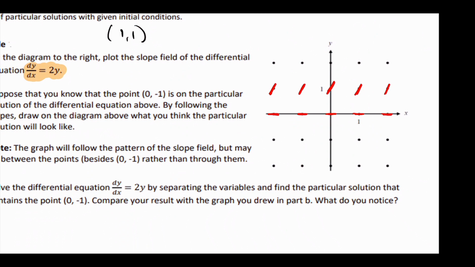Let's go up. Top row. Or sorry, 0, 2. No, not 2, 0. 0, 2 is right here. What is the slope going to be at 0, 2? 4, right? Now, compared to this slope here, what is it going to look like?